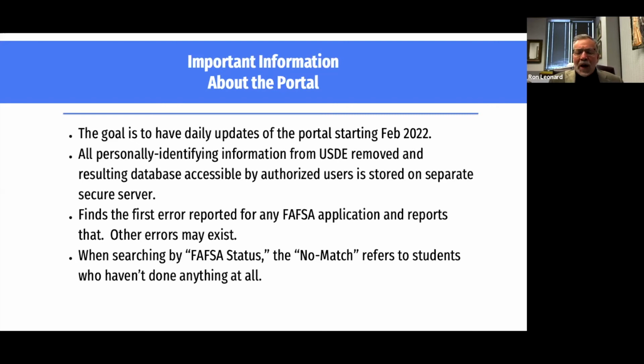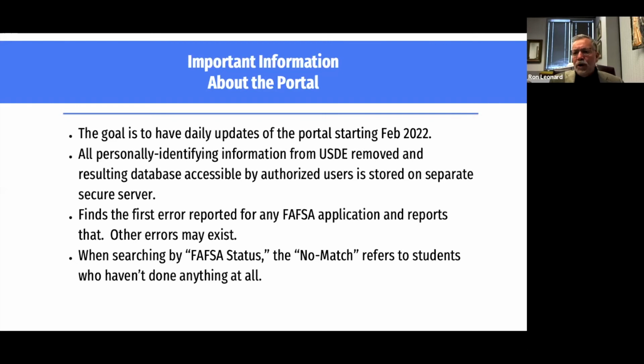Now, there are just a couple of things I want to mention to you. As I mentioned earlier, when we get data from the federal government and from ALSDE, we remove personal identifying information before we move it to the FAFSA server. Also, keep in mind there could be multiple errors, and with the old platform, it would just go to the first error.